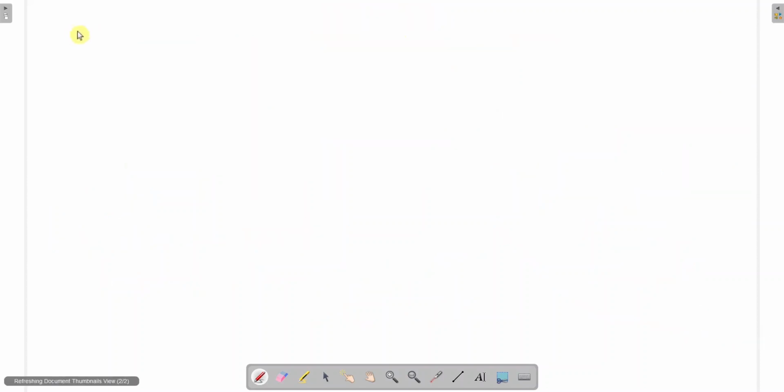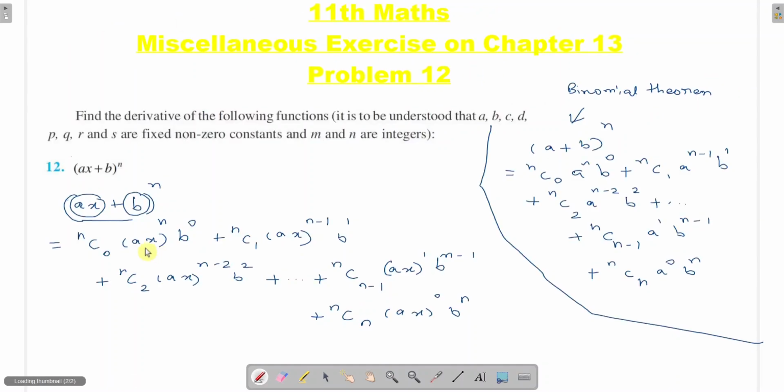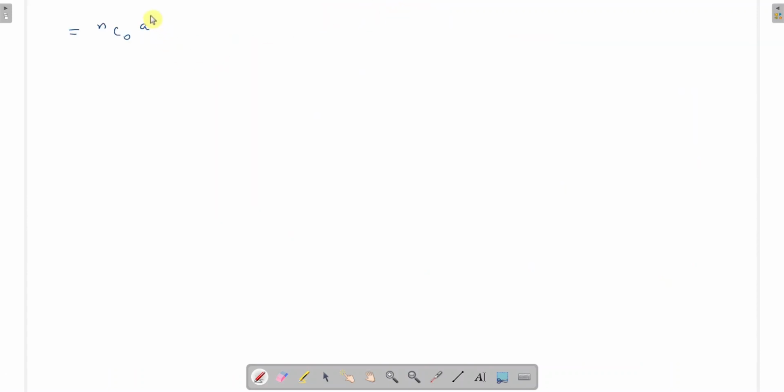So we will get nC0, here (ax) raised to n will be a raised to n x raised to n by law of exponents.